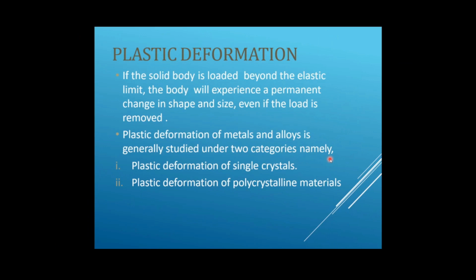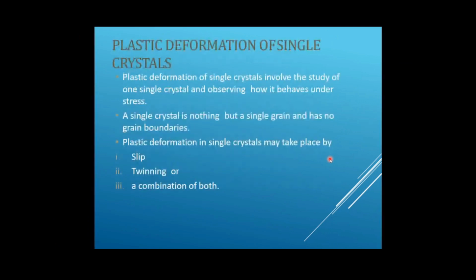Deformation will develop in single crystals or polycrystalline materials. In this video, we are going to see the different types of deformation mechanisms. Mainly, plastic deformation in single crystals may take place by slip, twinning, or a combination of both.